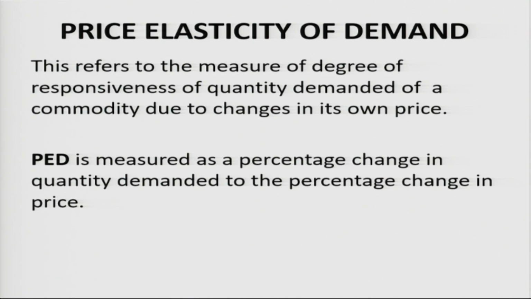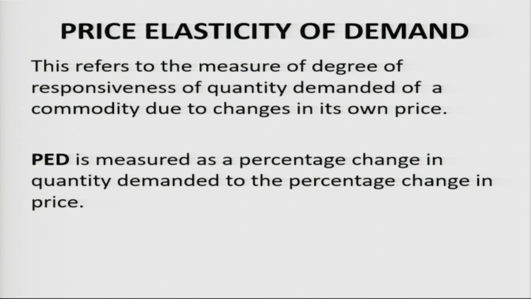This refers to the measure of degree of responsiveness of quantity demanded of a commodity to changes in its own price. Here we are looking at quantity demanded of a commodity changing because of what? It is changing because of the change in its own price.